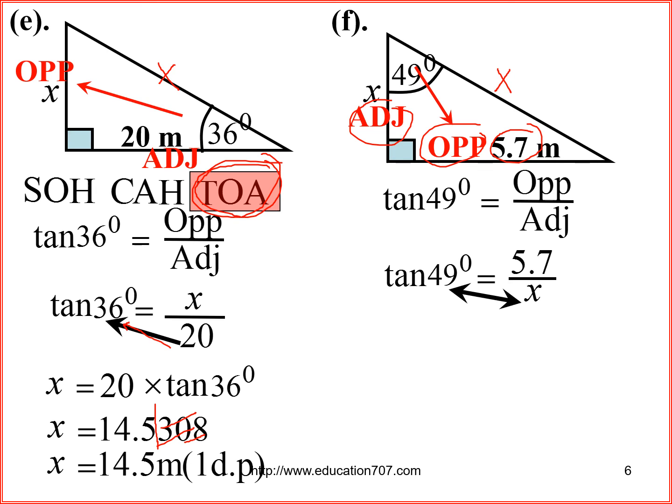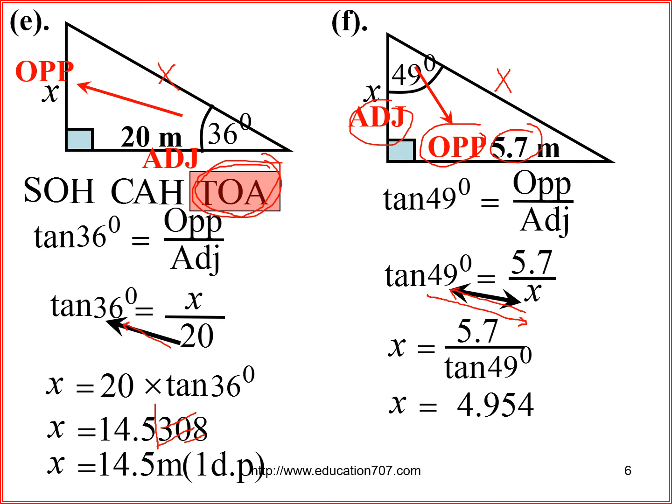So here we cross multiply. X goes on the other side, becomes multiplication. Tan goes on the other side, becomes division. So x is 5.7 divided by tan 49. Using a calculator, we obtain x is equal to 4.954. So to 1 dp, x is equal to 5.0 meters.